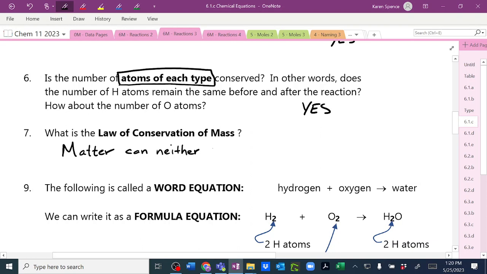It can neither be created nor destroyed.